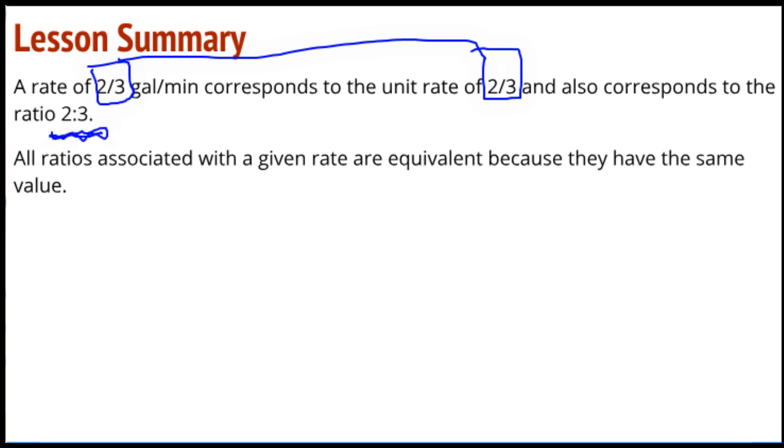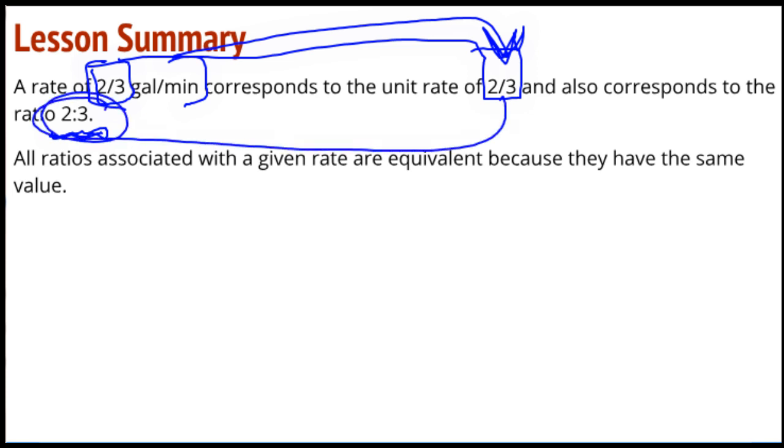So we have a rate, and from that we can find a unit rate, and from the unit rate we can find the ratio. And all the ratios that go with this rate of 2/3, they're equivalent because they have the same value.